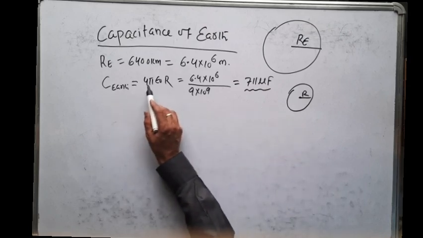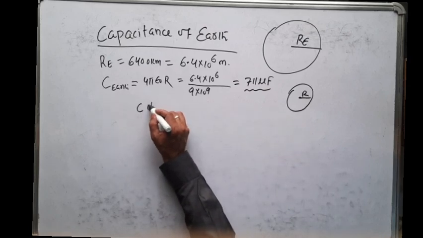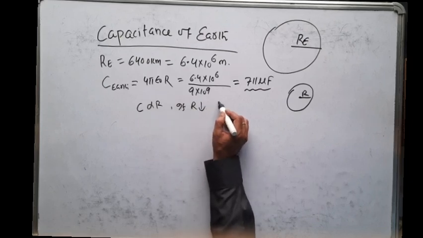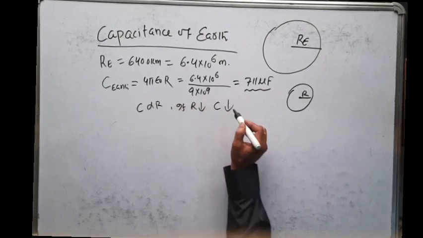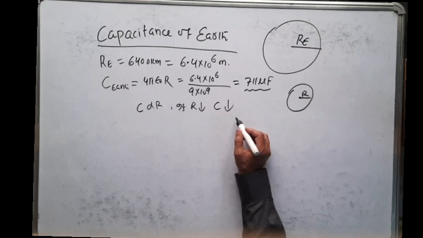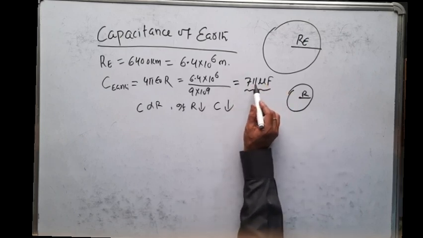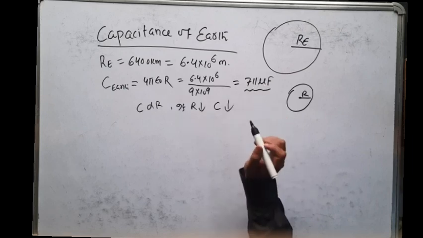Since capacitance is directly proportional to R, if R decreases, the capacitance of the metallic spherical conductor also decreases. So the maximum capacitance, for Earth's surface, is 711 microfarad.